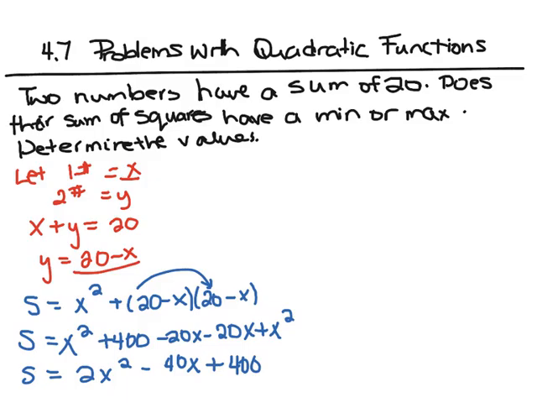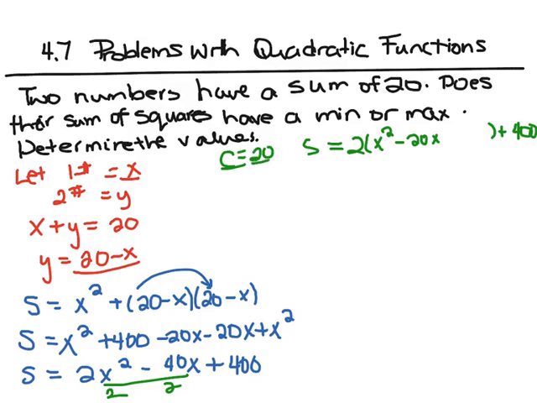So this time I'm going to put it into standard form. So if we go S equals, divide both of these by 2, 2 x squared minus 20x. Leave a space, plus 400. Find your C value. 20 divided by 2 squared, which is 100. 10 squared.